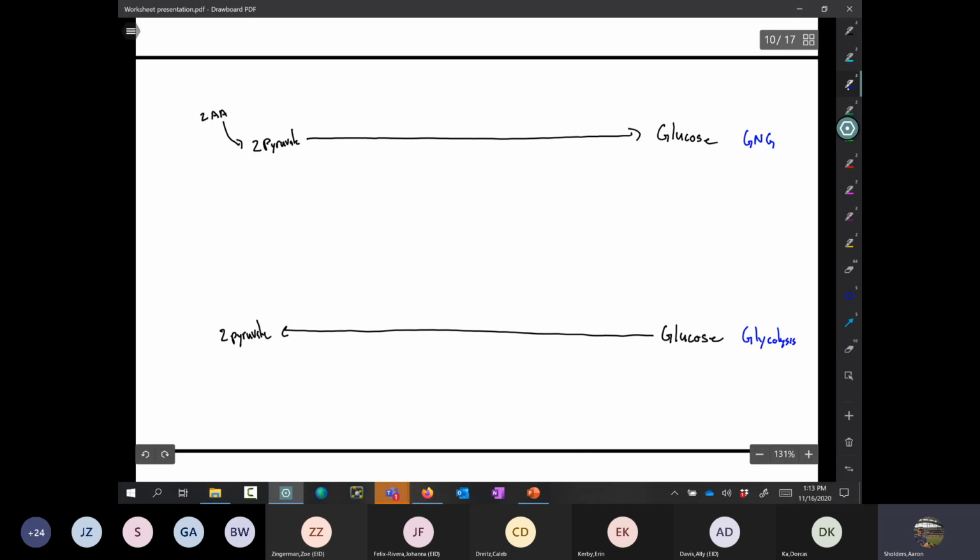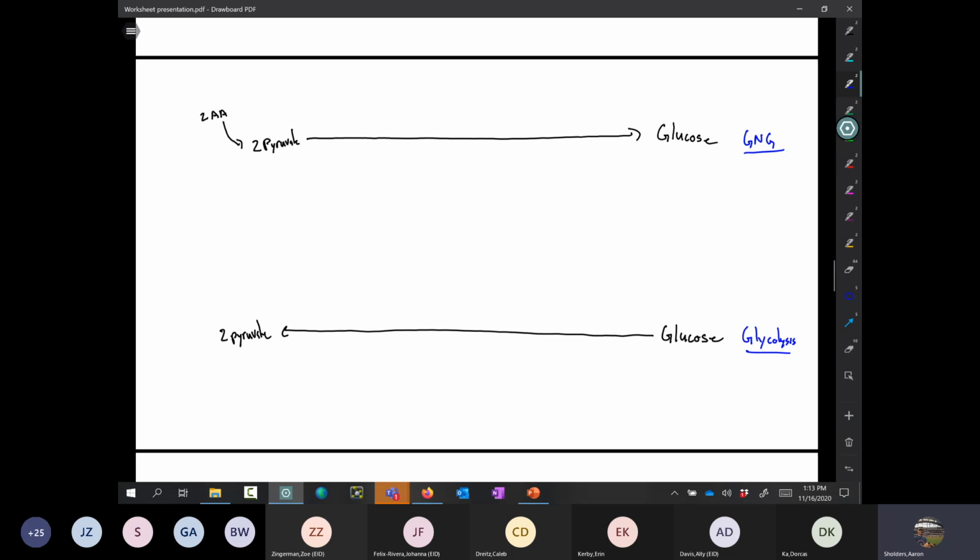Okay, and essentially the direction of these arrows, you can think about it this way. If we're looking over here at gluconeogenesis, this is making glucose to be out of the liver cell, okay? And if you think about glycolysis, this would be essentially using glucose so that more glucose can be absorbed by the liver cell, okay?